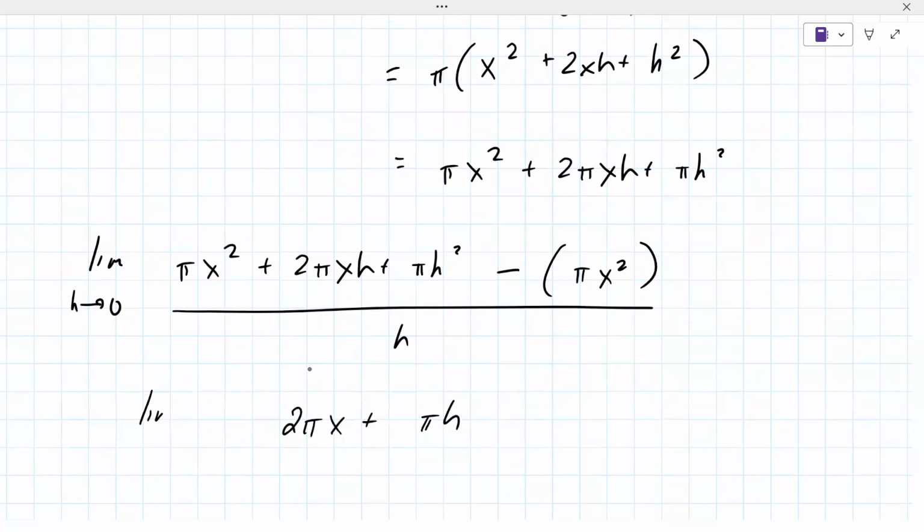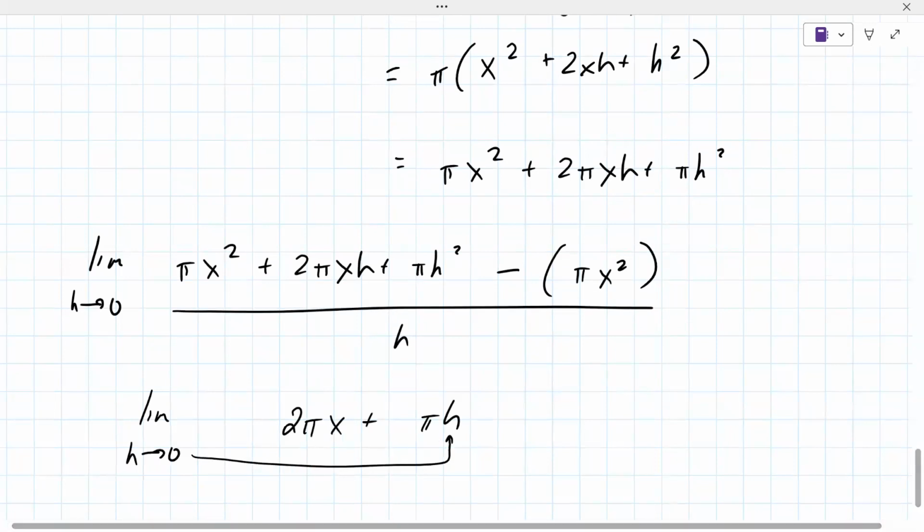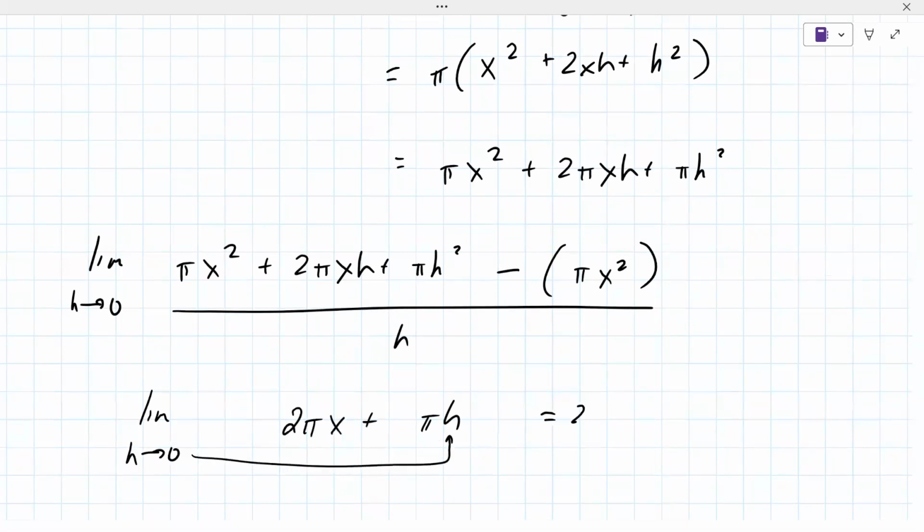And you still take the limit as h goes to 0. And that's when you're finally ready to put that in. You put that in, so it becomes 2 pi x plus pi times 0, or 2 pi x. All right. I think I'm good with that one.